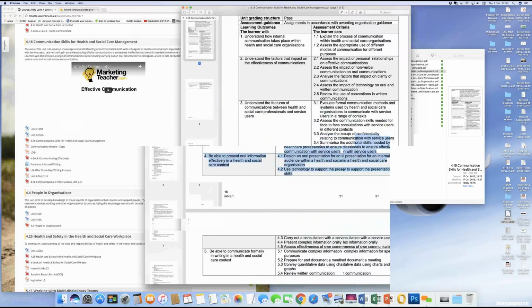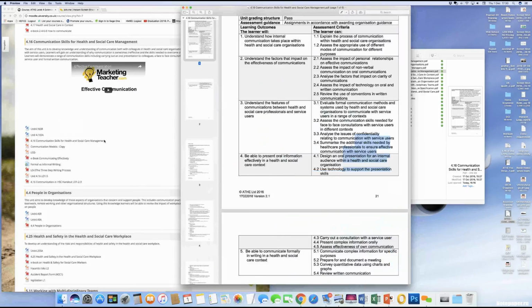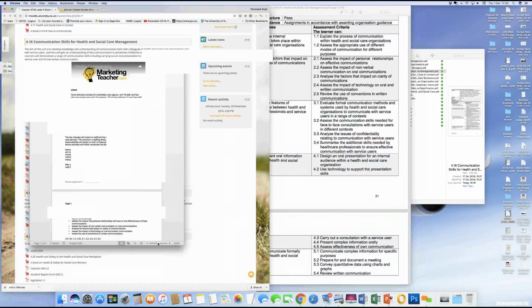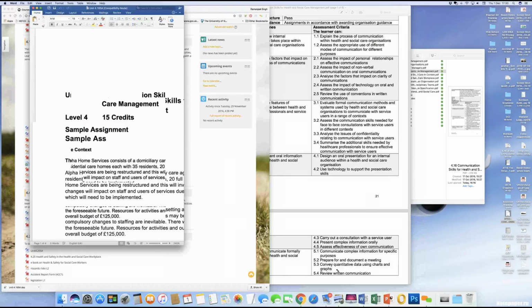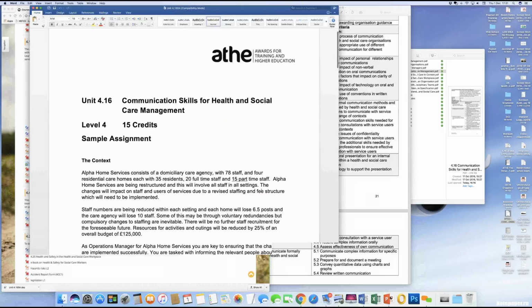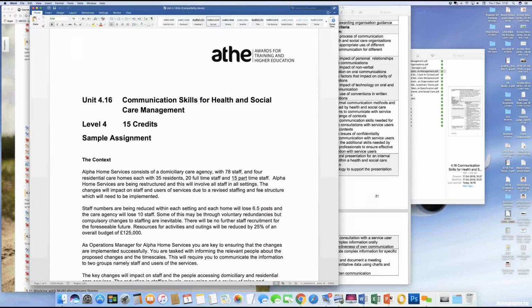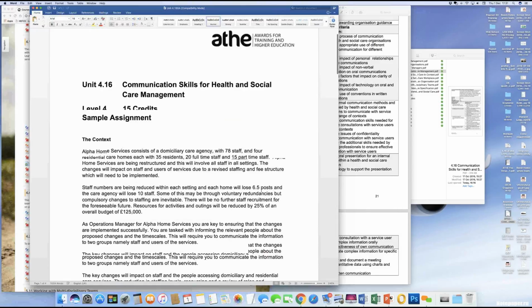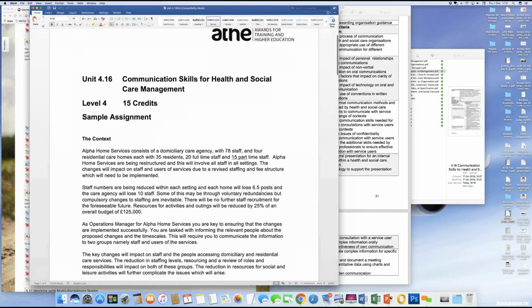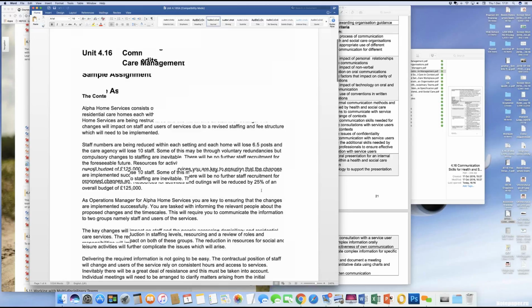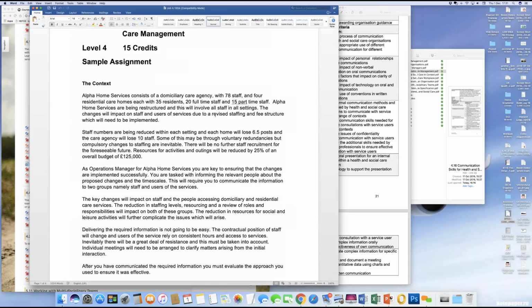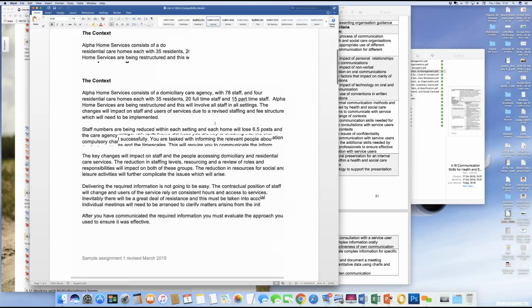I would just download that to show that to you in a second. What they've done in the assignment is they've given you a context of an Alpha Home Services. So you are basically a company which is providing auxiliary care agency service to a number of people, and they've given you some example of staff and what they have. So that is to give you a context.